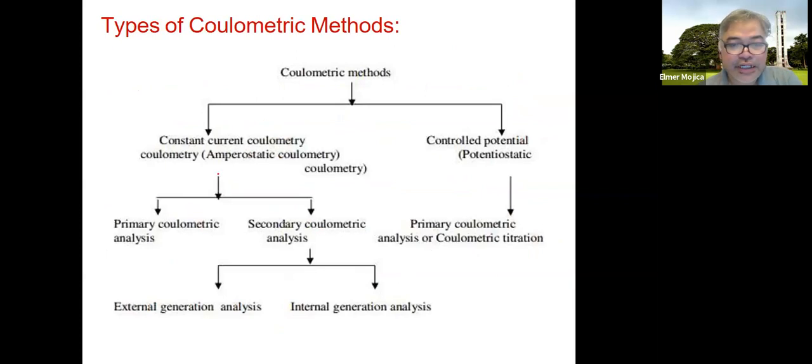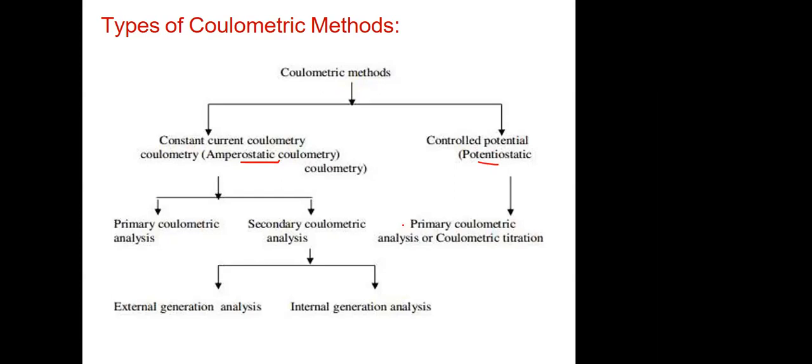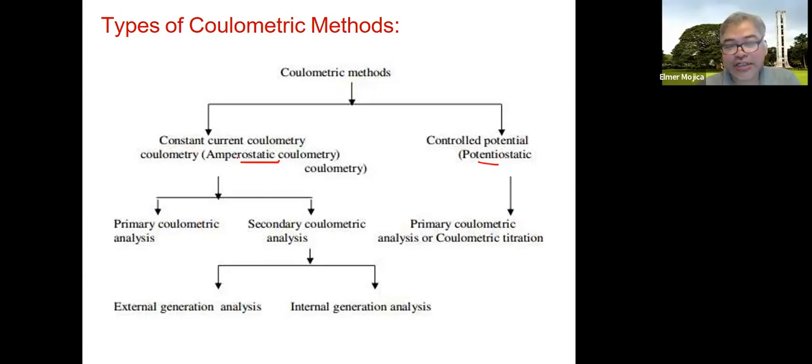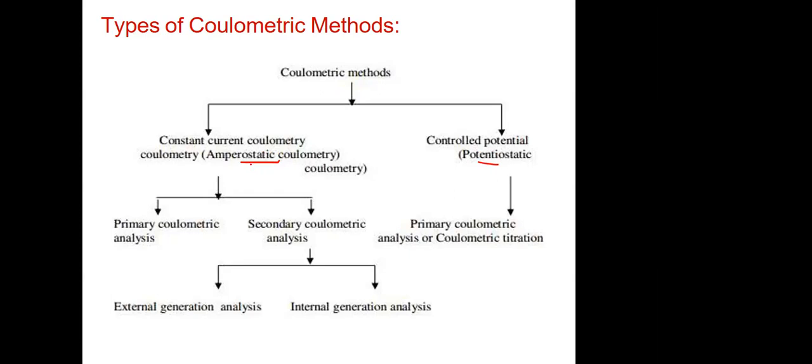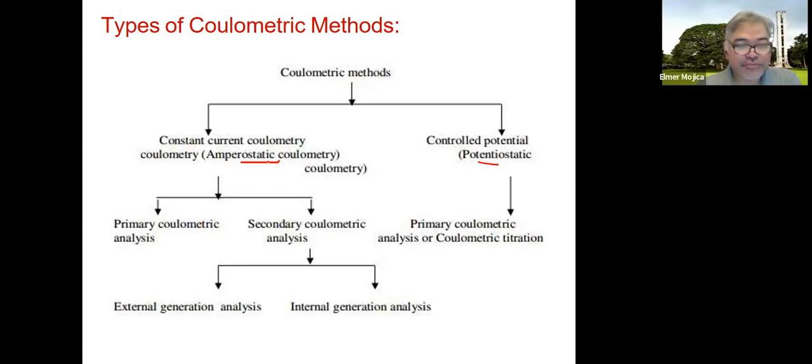It can either be the so-called constant current coulometry, which is the amperostatic, or the controlled potential, which is the potentiostatic. In the current or amperostatic, it can be a primary coulometric analysis or a secondary coulometric analysis. And in the secondary coulometric analysis, this is an external generation analysis or internal generation analysis.